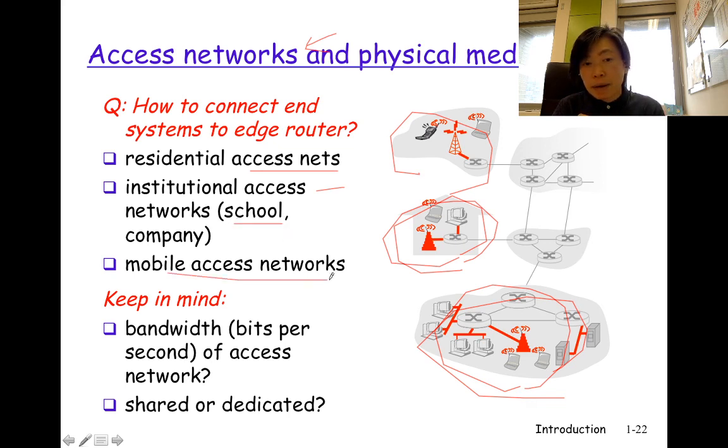Mobile access network is this one over here. It usually uses higher range, wider range wireless network. Well, namely 4G or LTE. In the second half of this year, you probably see 5G working. Okay. Now, these different access networks, different communication links operate at different bandwidth, meaning they transmit data at different speeds, some faster than the other.